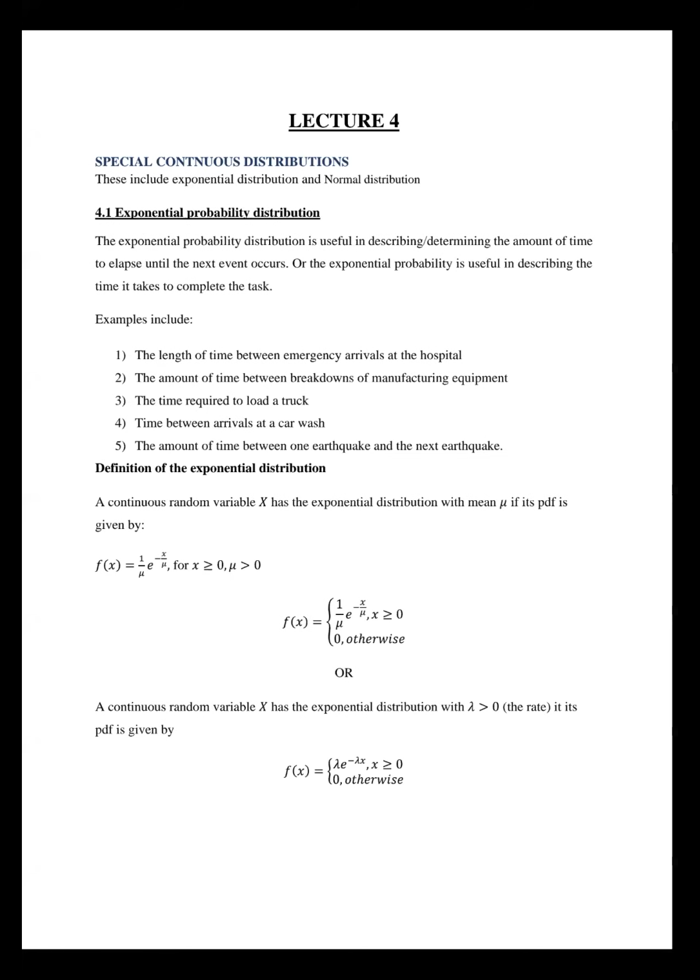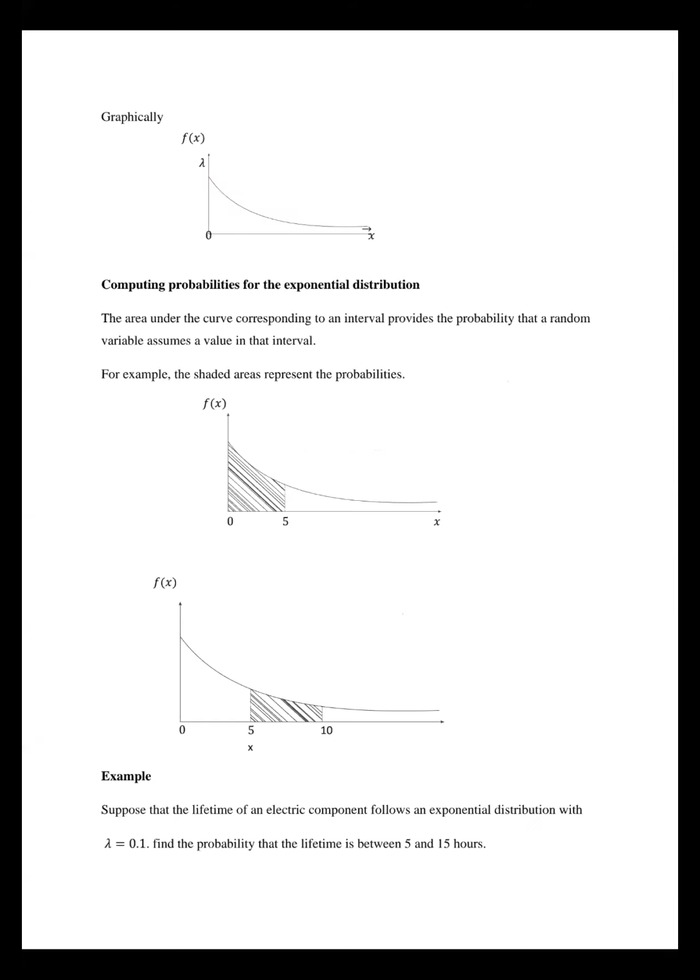Under the normal probability distribution, we usually use area and probability as the same thing.